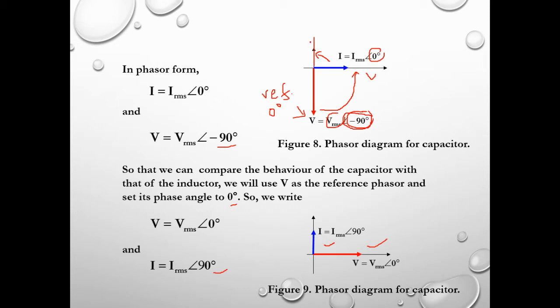This is your new phasor of I. Because once V is shifted by 90 degrees up to here, I, which was initially located at 0, now becomes plus 90 degrees. So this is how the new phasor diagram for the capacitor looks like. V becomes the reference and I is now shifted by positive 90 degrees.